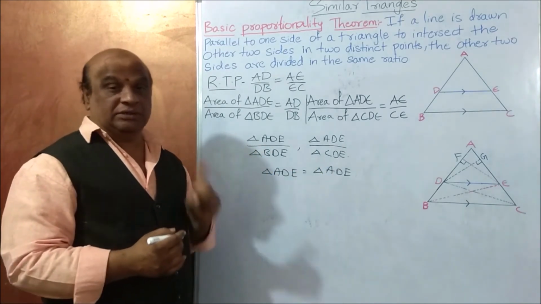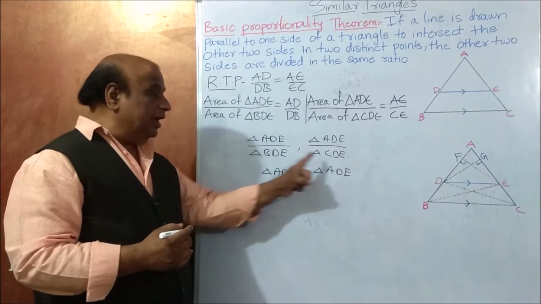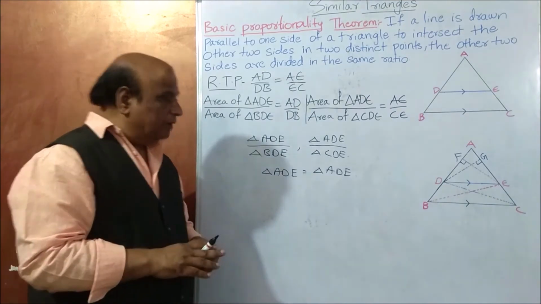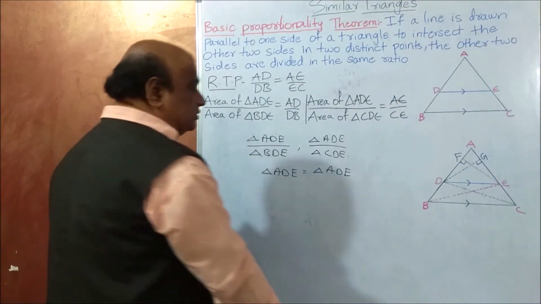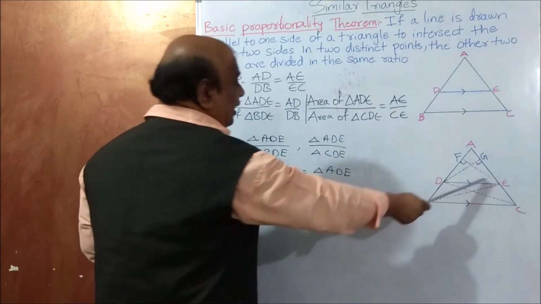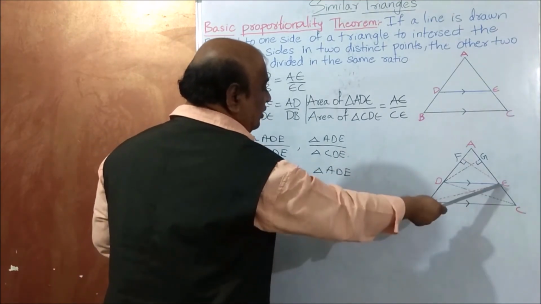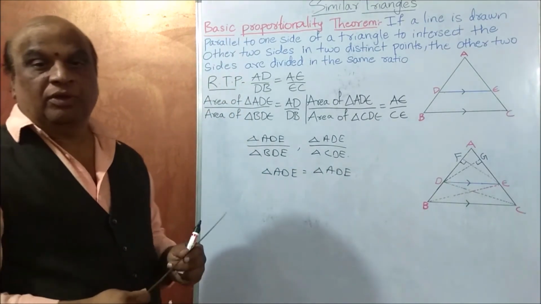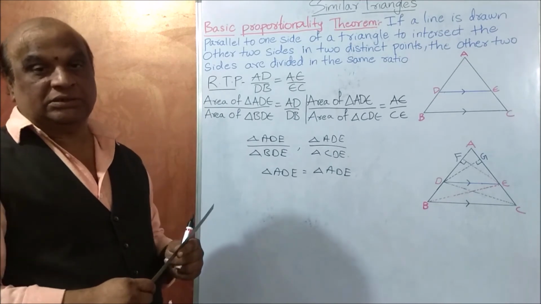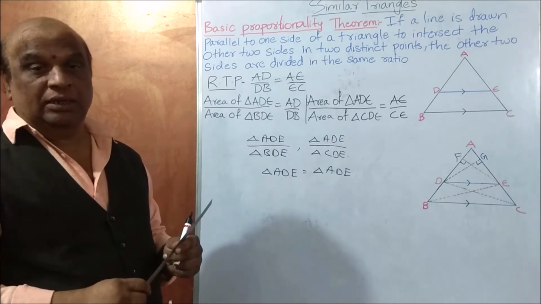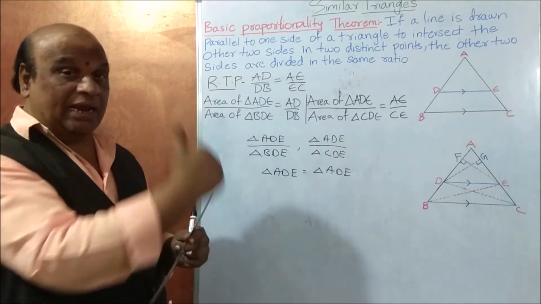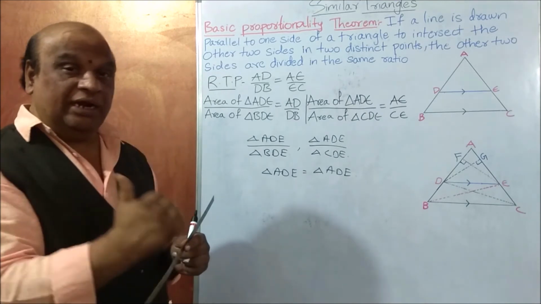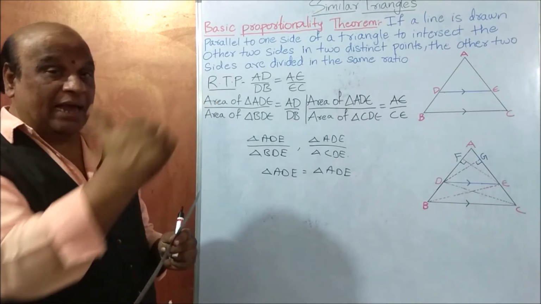This is very important. Listen to it carefully. Triangle BDE and triangle CDE, how are they equal? If you observe these two triangles, my dear students, BDE and CDE. In the 9th class particularly, we learned one theorem. What is that? If two triangles are between the same parallels, BDE and CDE are between the same parallels.